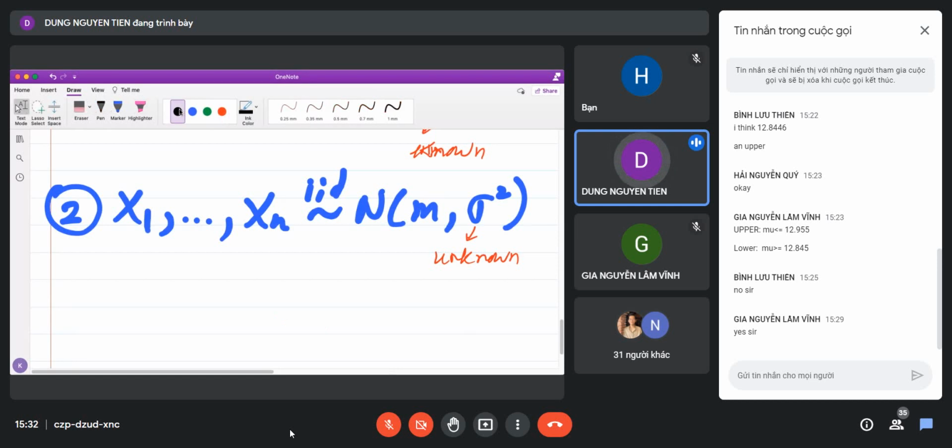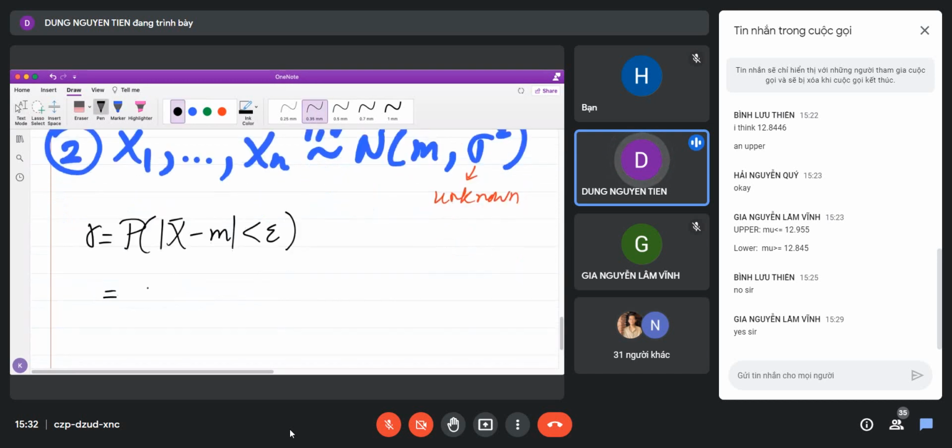Okay, so you get, well, again, gamma, the confidence level, is the probability that the absolute value of x bar minus m is less than epsilon, right? And because you don't know sigma, it is very natural to approximate sigma by s. So you get the probability that the absolute value of x bar minus m over s over the square root of n is less than epsilon over s over the square root of n.